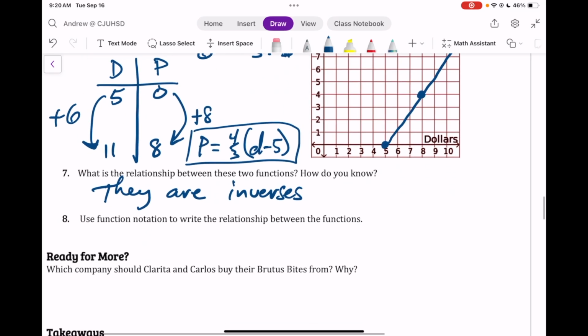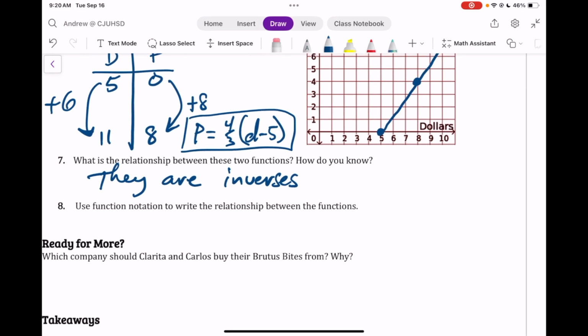Now, how we write that in function notation is we would put a little -1 up here. And that means inverse. It does not mean a power. So the inverse of the dollars per pound would be the price.